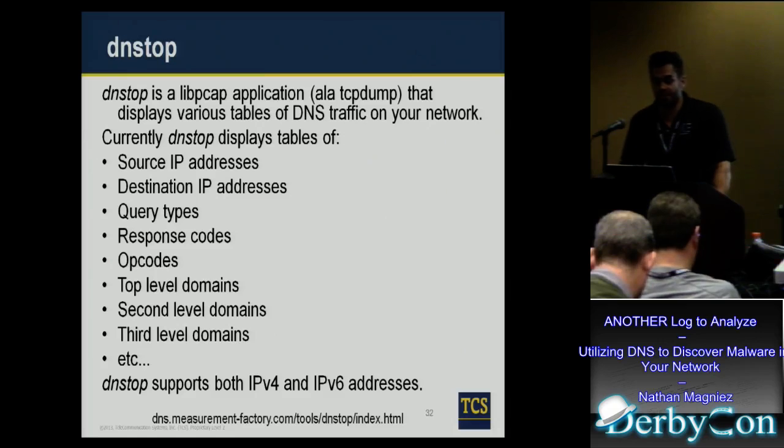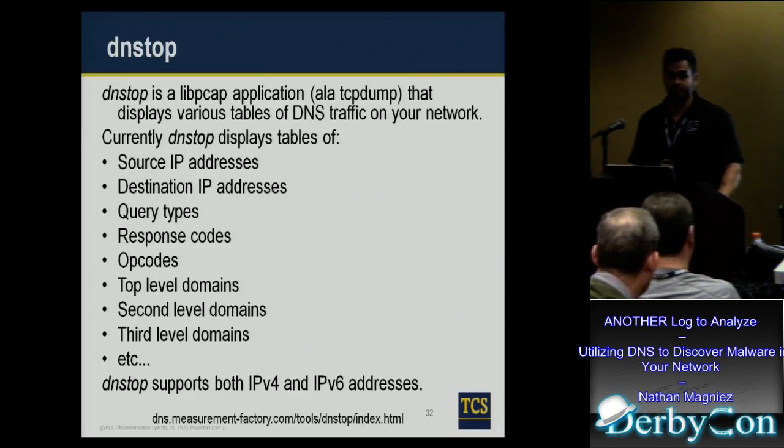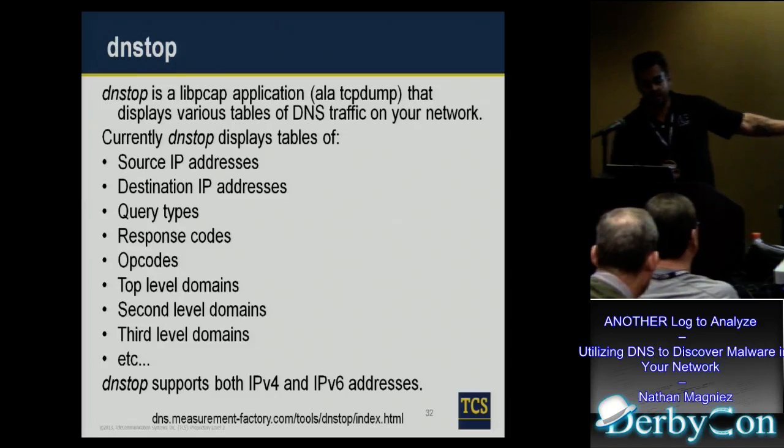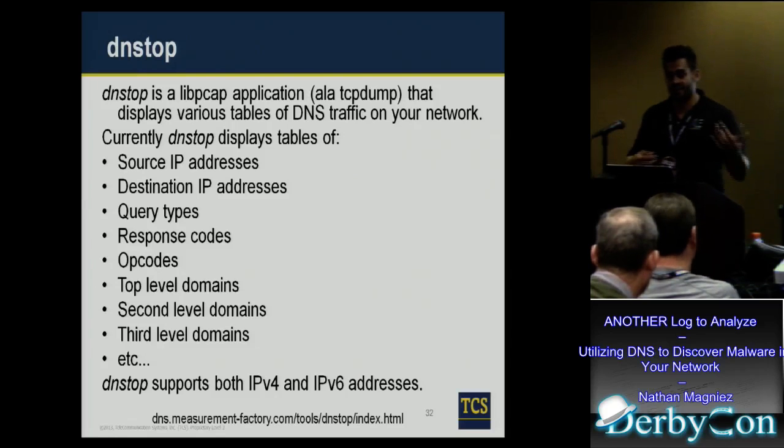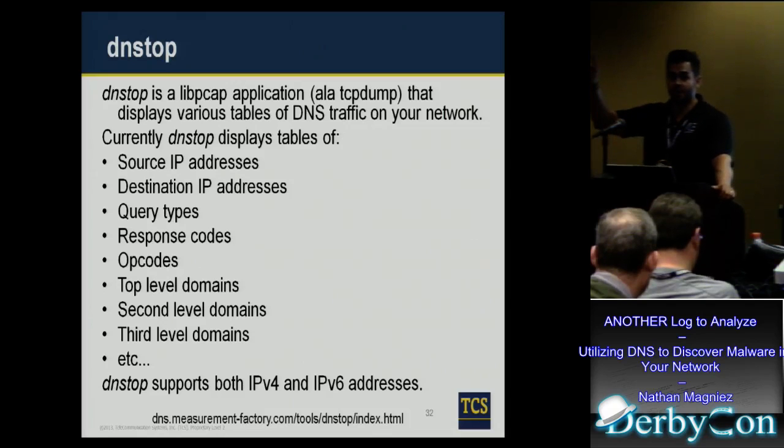DNSTop is basically just a libpcap application. It can either read in packet captures, or you can use it to packet capture. It will display tables of the following down there: your source IP addresses, destination IP addresses, the query types that you're using, the response codes, so again, those NX domains that are coming back, the successfully resolved ones, top level domains like we talked about before, second level domains, and so on and so forth.